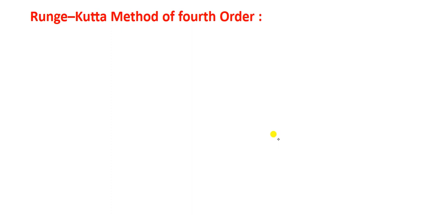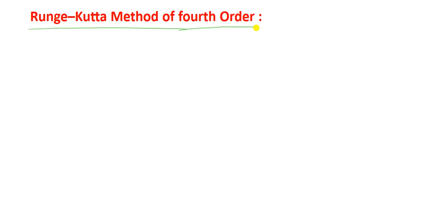Hello everyone. Today I am going to explain Runge-Kutta method of fourth order. As we know that the Euler's method is less efficient to compute the approximate solution for a given initial value problem, and when we apply the Runge-Kutta method, we obtain the approximate solution with the best accuracy.